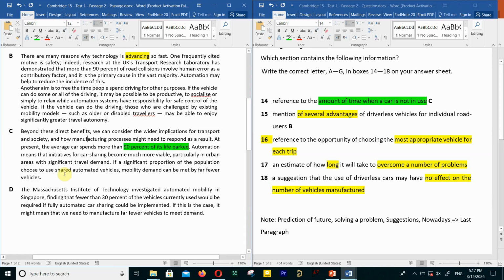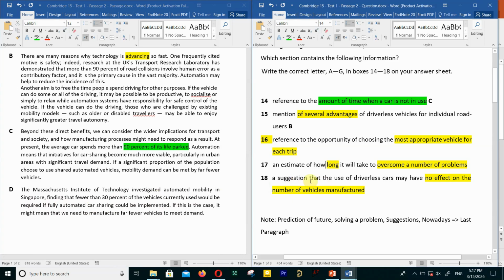So paragraph D. Massachusetts Institute of Technology investigated automated mobility in Singapore, finding that fewer than 30% of the vehicles currently used would be required if fully automated car sharing could be implemented. Fewer than 30% of vehicles used if fully automated car sharing could be implemented.